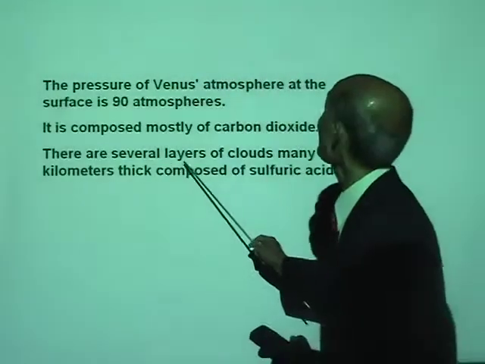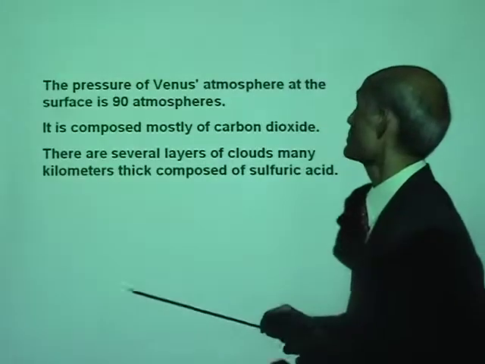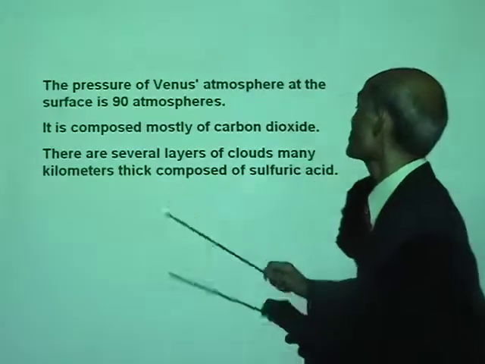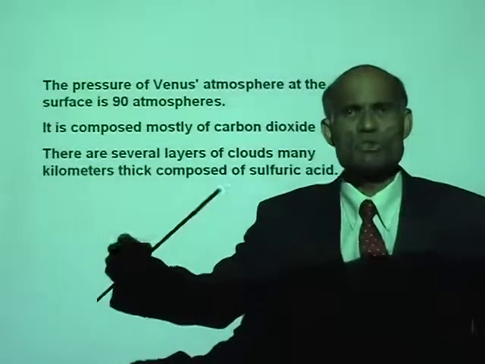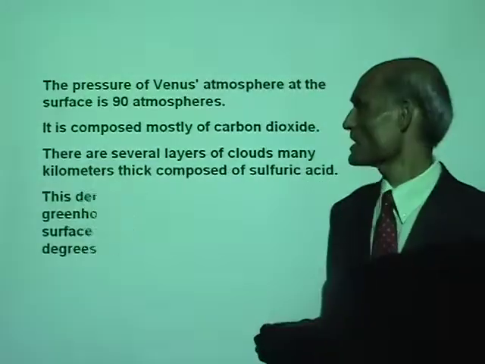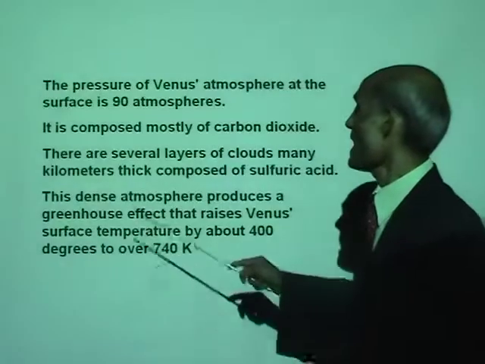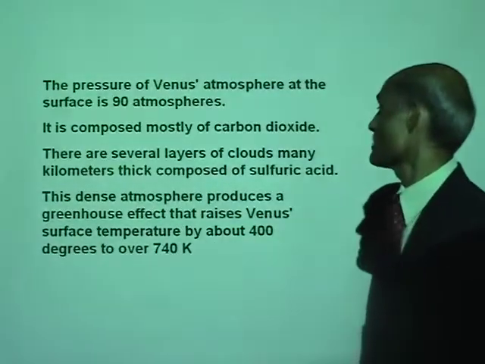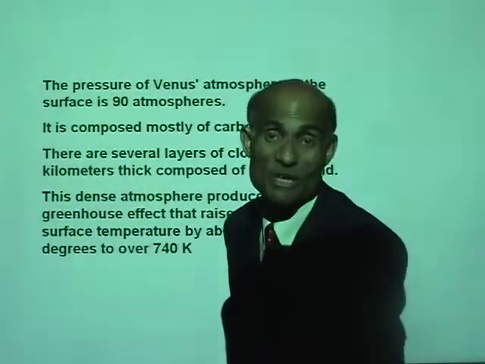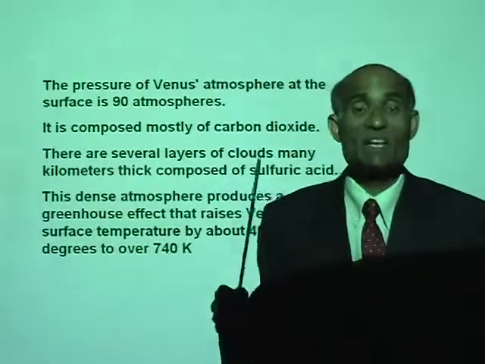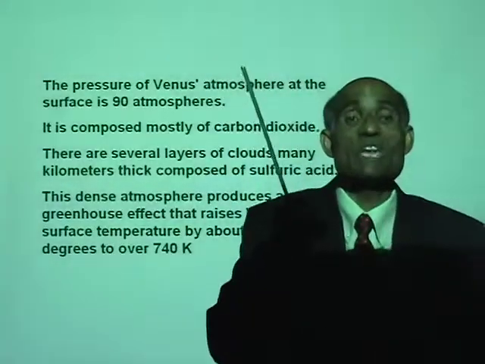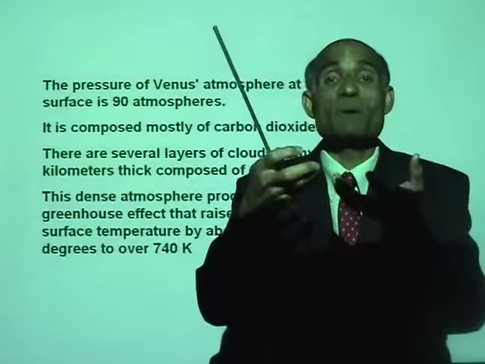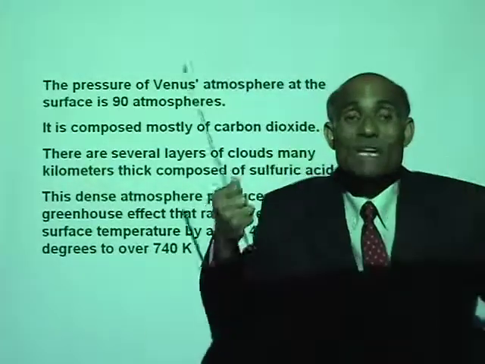There are several layers of clouds, many kilometers thick, composed of sulfuric acid. You see how toxic the atmosphere of Venus is. And this dense atmosphere produces a greenhouse effect. Carbon dioxide is a gas that can absorb radiation reflected from the surface and then re-emit it.